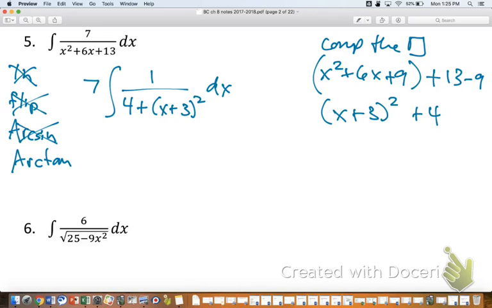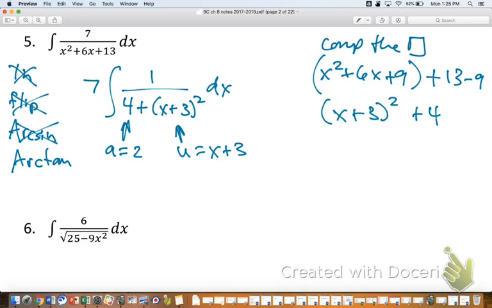So this looks a lot more like arctan, right? u prime a over a squared plus u squared. So the numerator needs to be u prime a. So the numerator is wrong, isn't it? What does it need to be? 2. Because a is 2, and isn't u equal to x plus 3? So then u prime would be 1. Of course, a is 2.